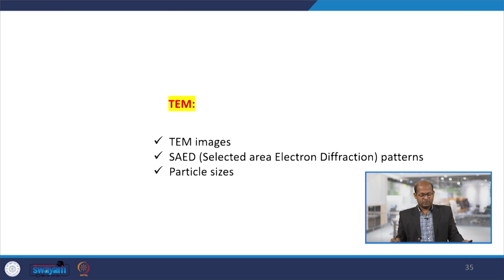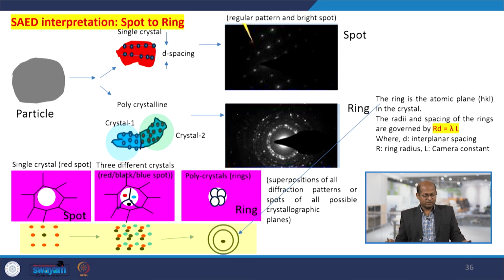From the TEM image analysis and the TEM's SAED analysis, we can do particle size analysis. When we do X-ray diffraction we say whether a material is a single crystal or polycrystalline. Depending on the material, the SAED image shows either spots or a ring structure.